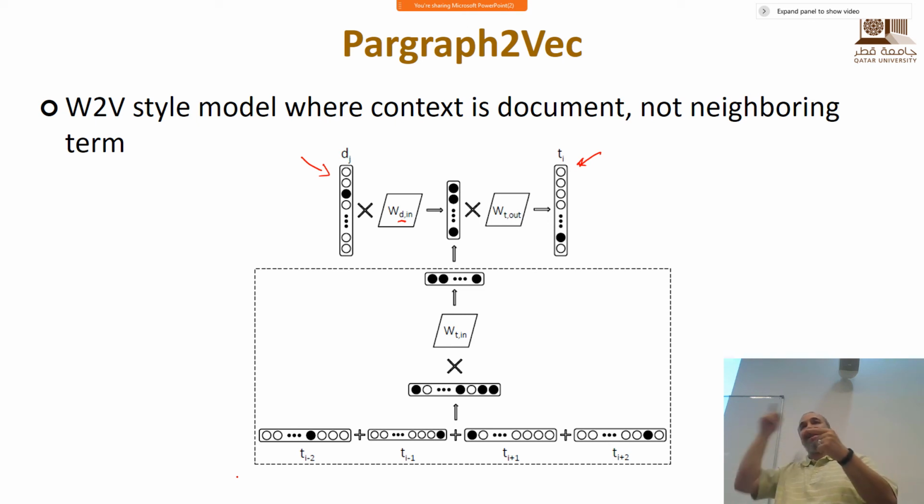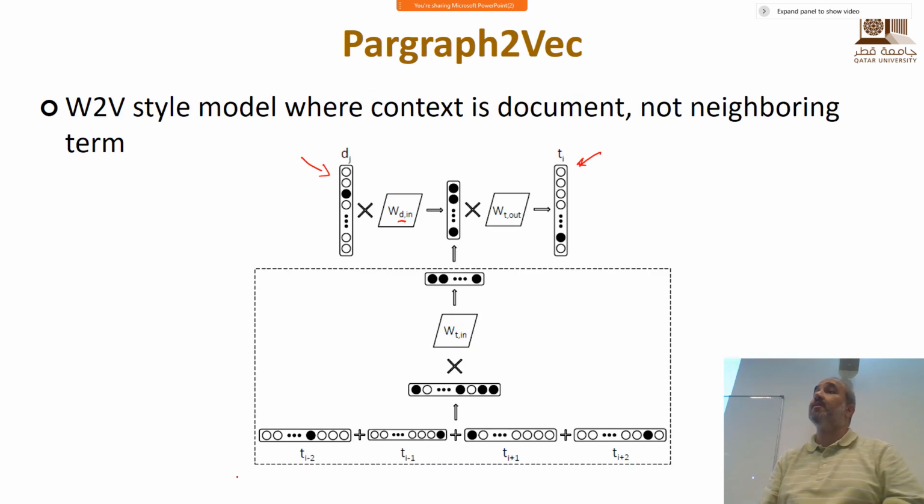So the network gets trained by associating every term in the document to that document. And all of this, by the way, is done offline, of course. We already have the data, and it's self-supervised. We don't need to do any labeling.